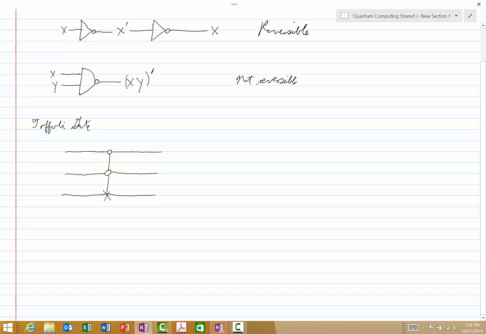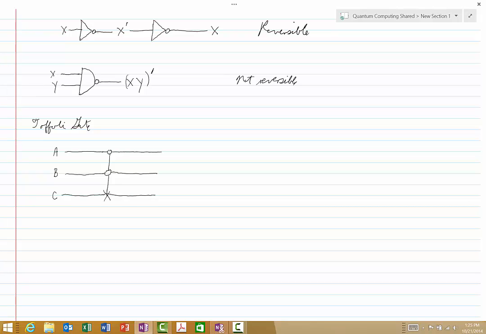Now, this is the symbol that your book uses for the Toffoli Gate. And we'll suppose that the input bits are A, B, and C. The first thing I want to call to your attention is, again, this is the symbol that your book uses for the Toffoli Gate.